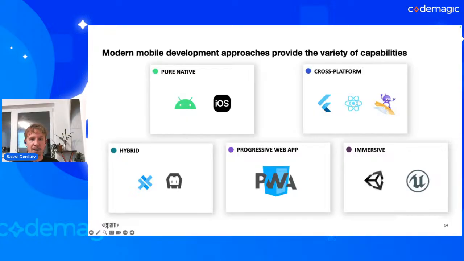The applications can be accessed using a mobile browser, but with some integrations with native features. And the last one is immersive, like Unreal Engine or Unity. It's a specific approach for advanced UX, like 3D games, VR, AR, and so on.